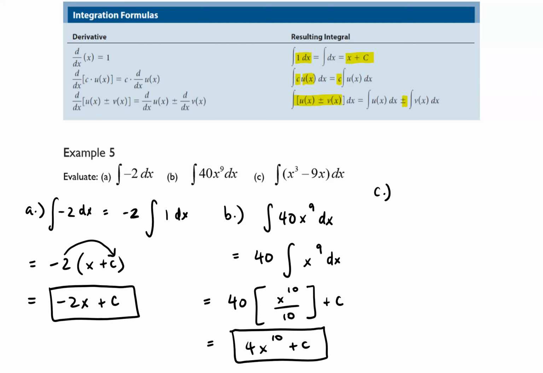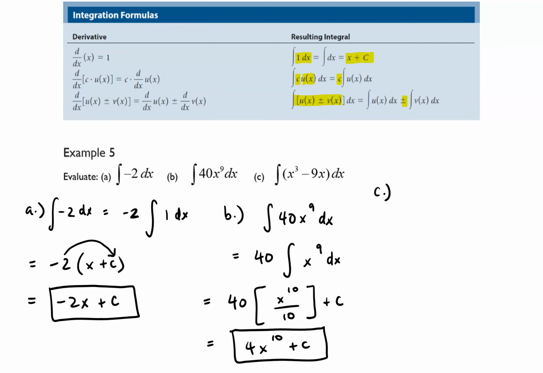And for part C, we can use the third property in the integral table to separate this into the integral of x cubed dx minus, and I'm going to pull out the 9, x dx like that. So then that's going to equal x to the 4th over 4.